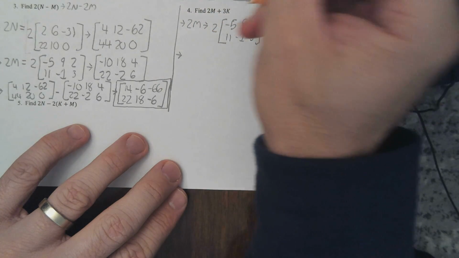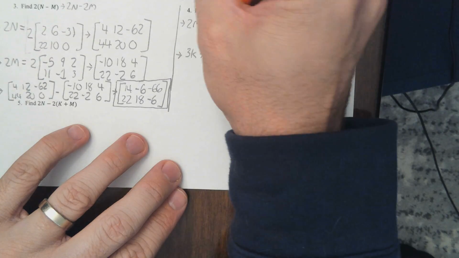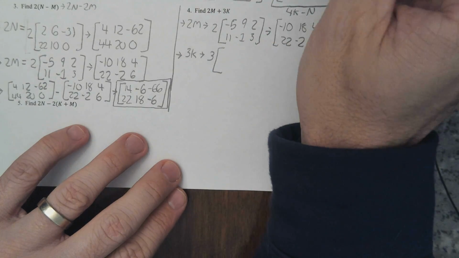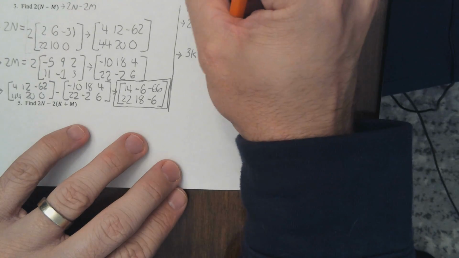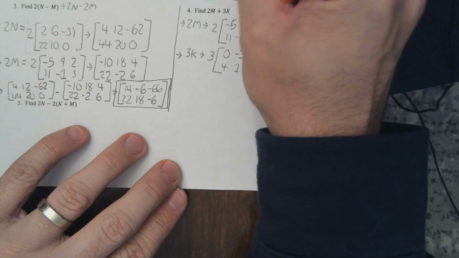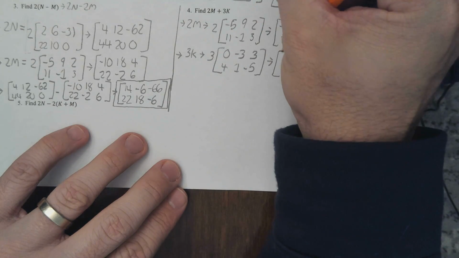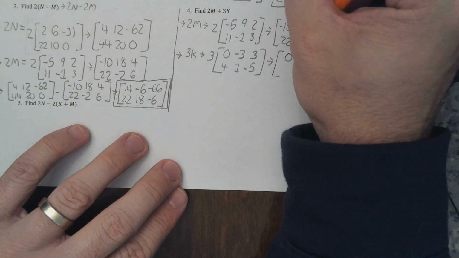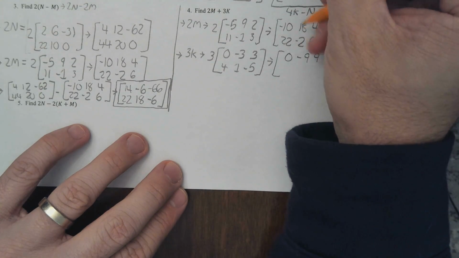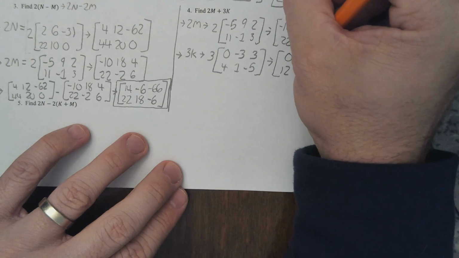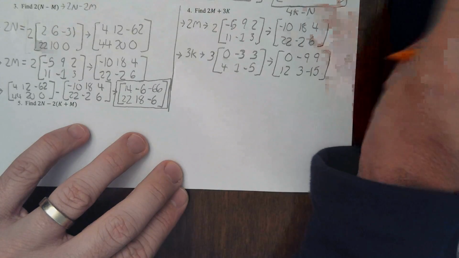Now we're going to do 3k. So 3 times k, so k is 0, negative 3, 3, 4, 1, negative 5. Multiply those all together. 3 times 0 is 0. 3 times negative 3, negative 9. 3 times 3, 9. 3 times 4, 12. 3 times 1, 3. 3 times the negative 5, negative 15.